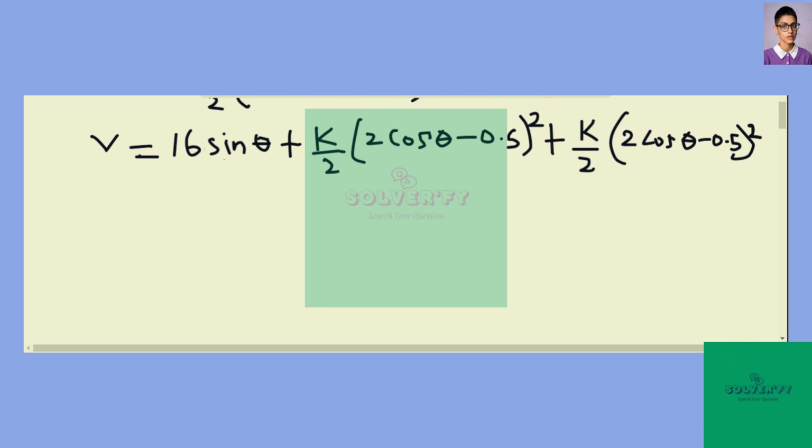For the equilibrium position, the relation is that the derivative of V with respect to theta should be equal to 0.